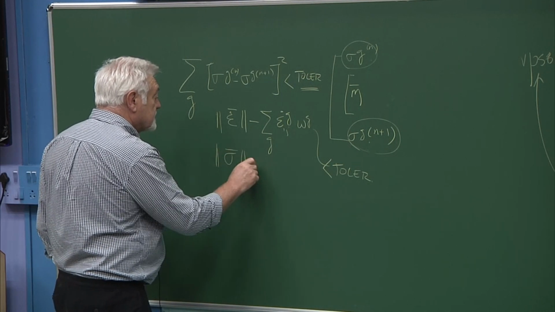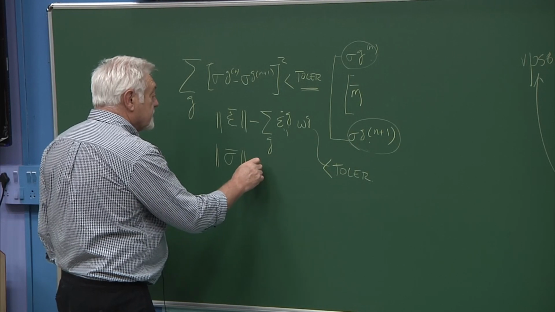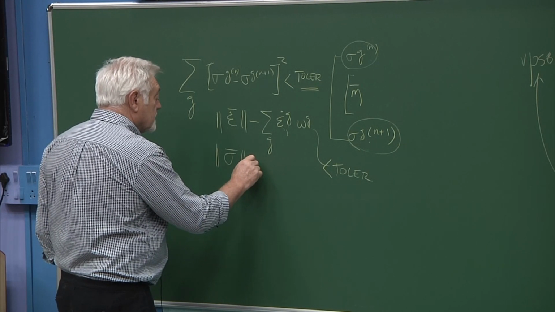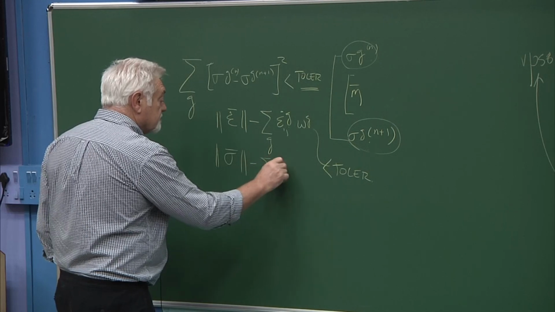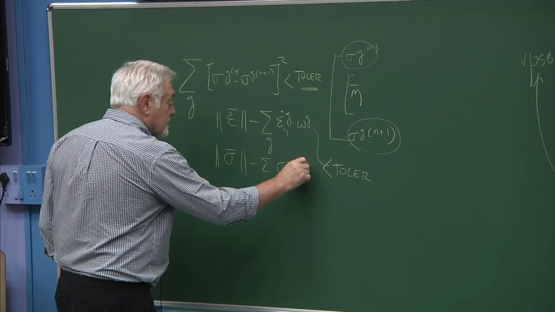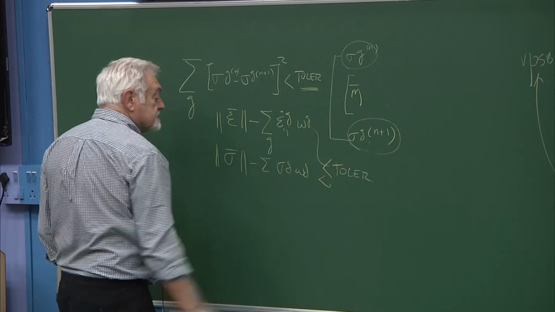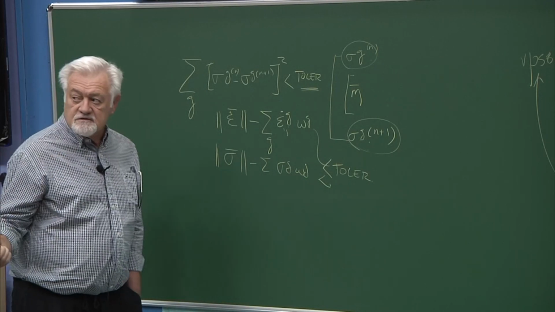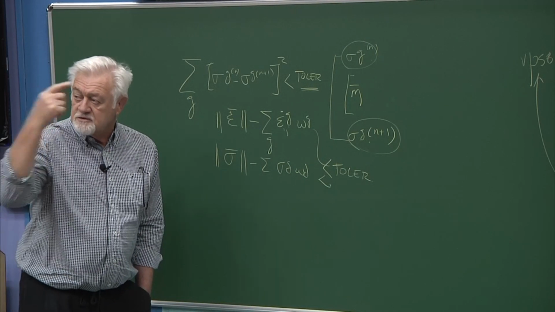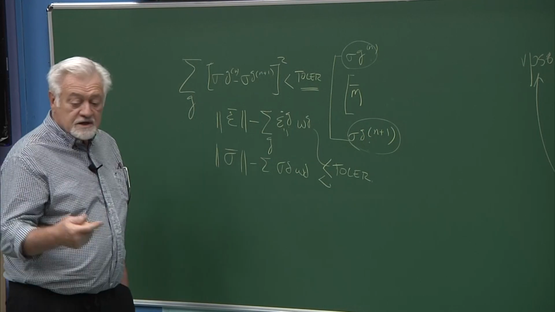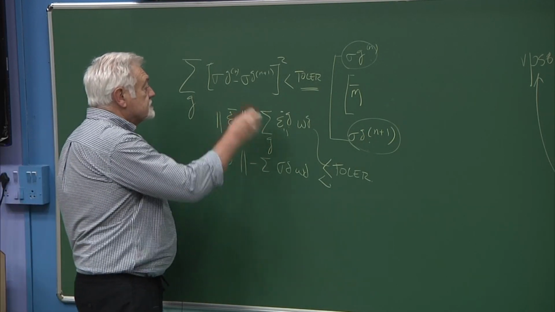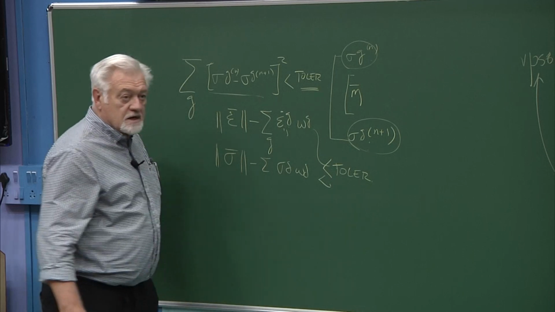The macroscopic stress minus the sum of the stress in the grains has to be lower than the tolerance. So the average of the stresses is equal to the macroscopic one, the one that you impose, and the stresses in the grains have converged.